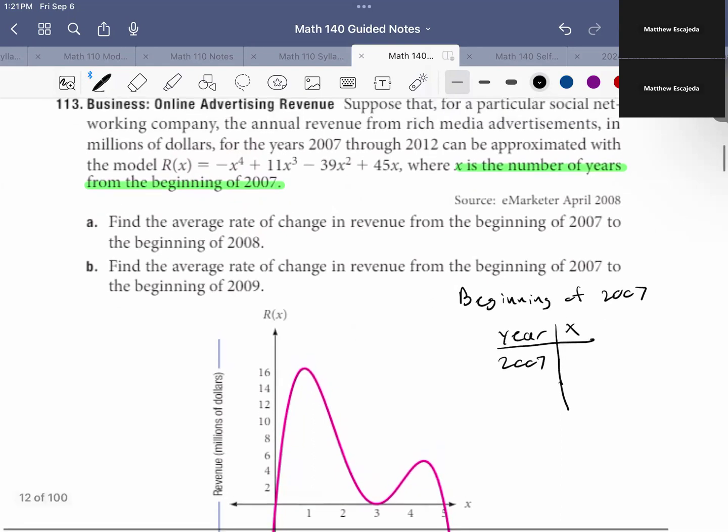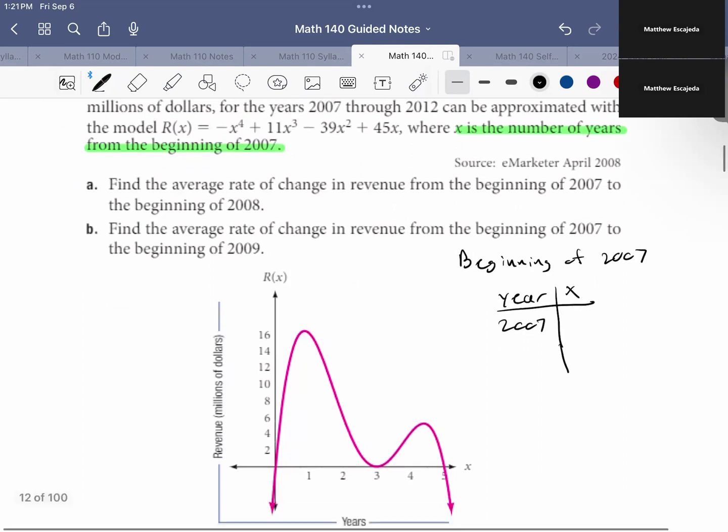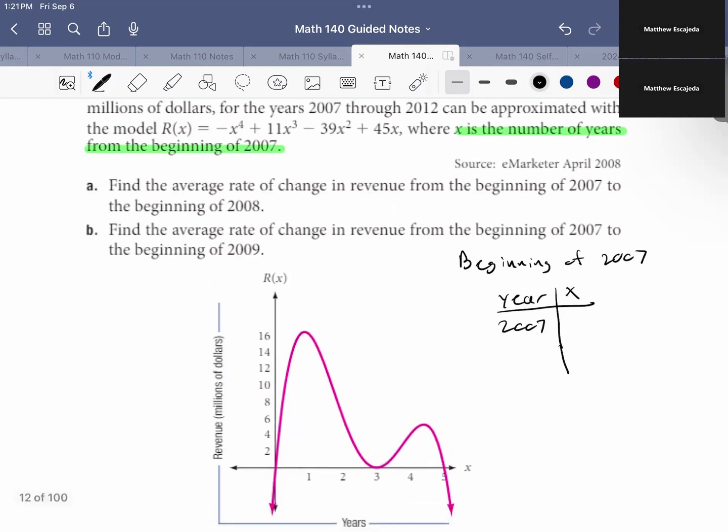The x is the number of years from the beginning of 2007, so for 2007, what I would designate x as would be zero, because that's where we're beginning. We're beginning at 2007, not at the year zero. We're beginning at 2007 in the context of this problem. So x would be zero.